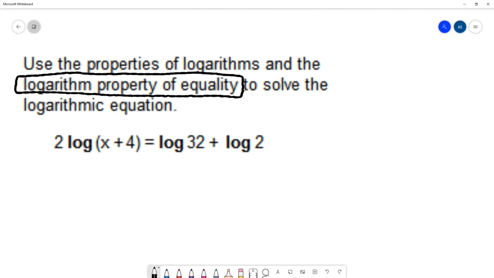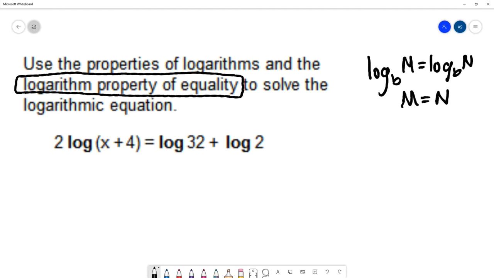So the logarithm property of equality is when we have log base b of m equals log base b of n, and this tells us that m equals n.